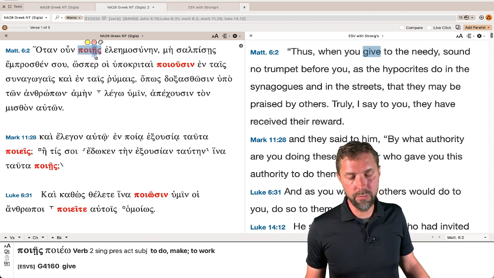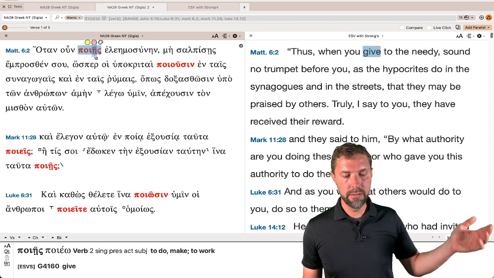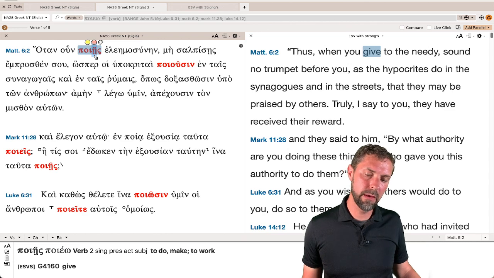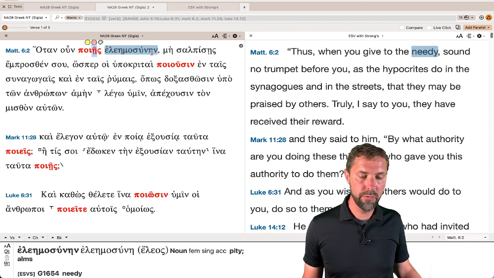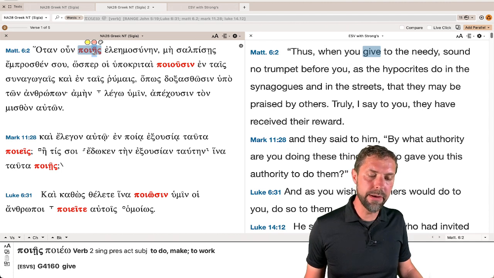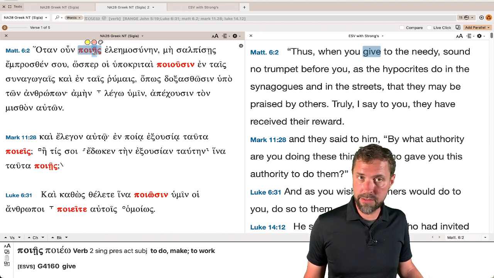So therefore, whenever you should show mercy, it's translated in the ESV as "give." Whenever you should give alms, basically. Well, this is a "should." It's a subjunctive. It's a form we haven't learned yet. But you would have to know the contract verb rules to recognize that as a subjunctive.